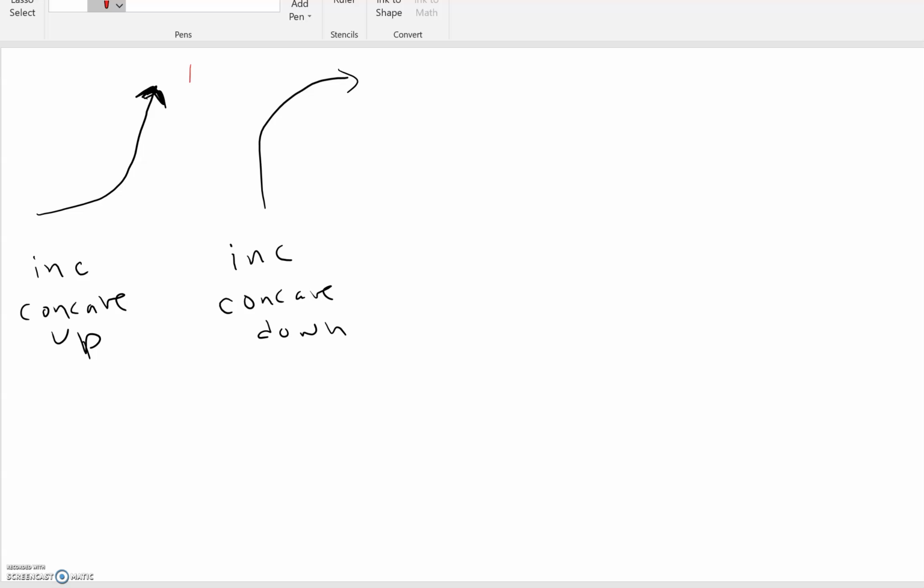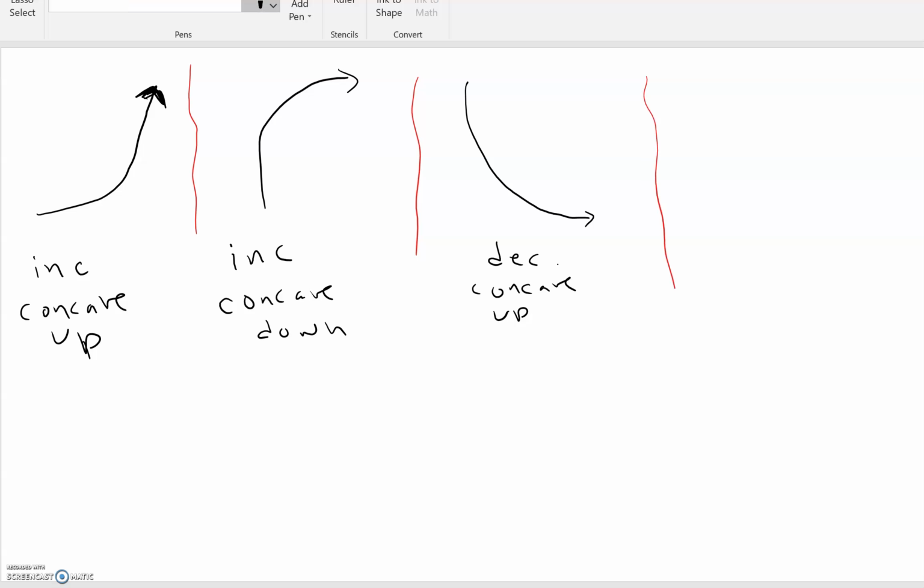All right, so that's two different things. Let's talk about the decreasing models. So this is decreasing, and this one is also called concave up. And then finally, decreasing and concave down.